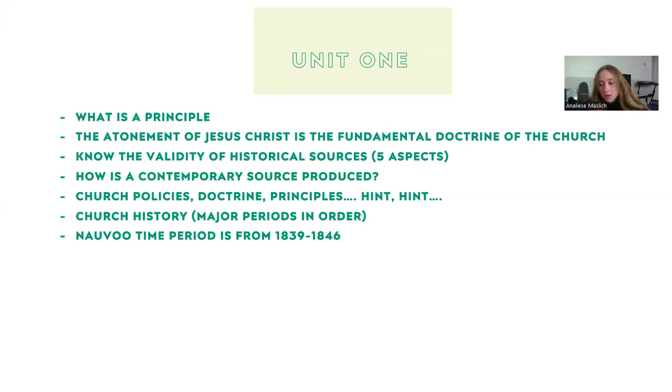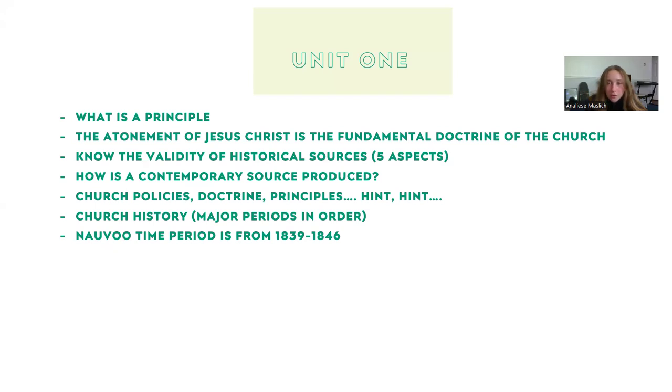With Unit 1, you're gonna need to know what a principle is, just kind of the basic definition. And then you need to know that the atonement of Jesus Christ is the fundamental doctrine of the church. We went over the validity of historical sources. You guys did that assignment on it, so just know the 5 aspects of it, and you'll be good for that section.